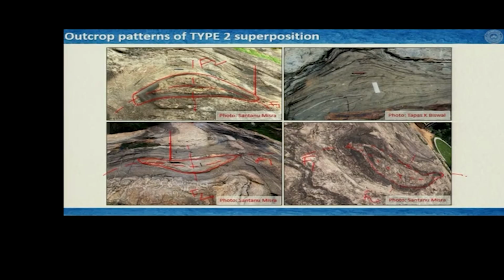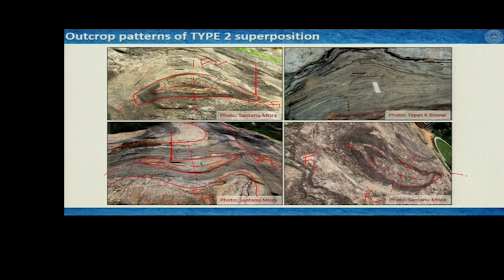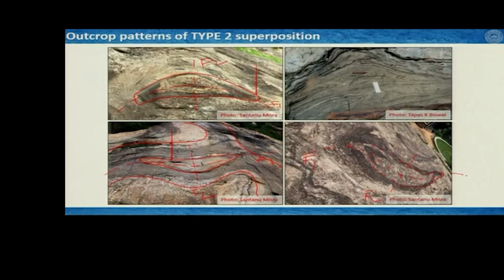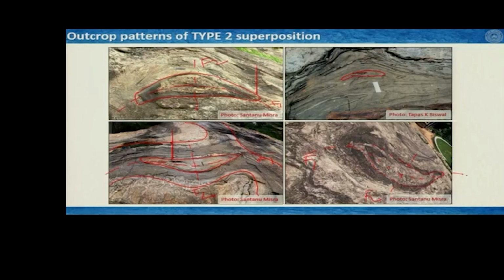In this image you can also see how this is folding here, and the same layer is coming up here like this. So, this is a very complex pattern, but if you understand the geometry of superposition, you can figure it out. In this image, which I received from Professor Biswal, you can clearly see that at the center we have a crescent, but we have an excellent mushroom on this side.